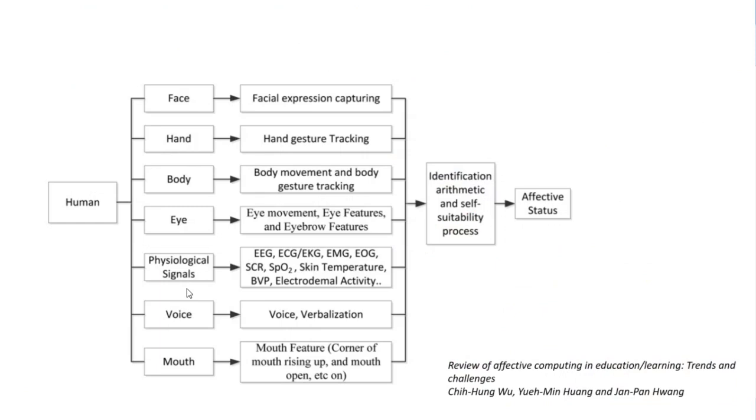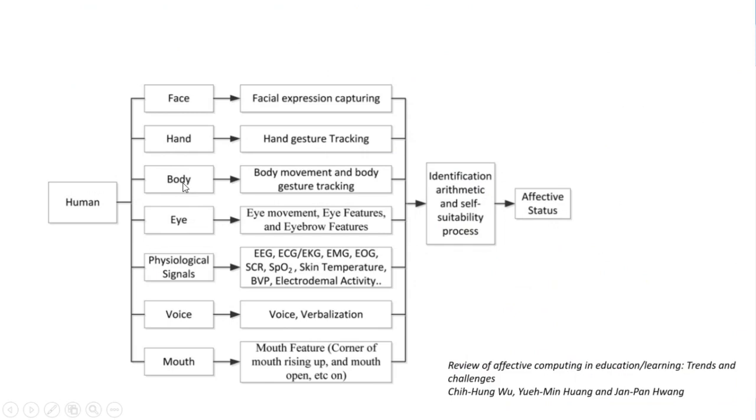Now, this is an interesting piece of research which created a taxonomy of how you can collect affective computing data. For facial data, we have facial expression capturing. For hand data, you can capture hand gestures, or gesture, depending on American or British English.